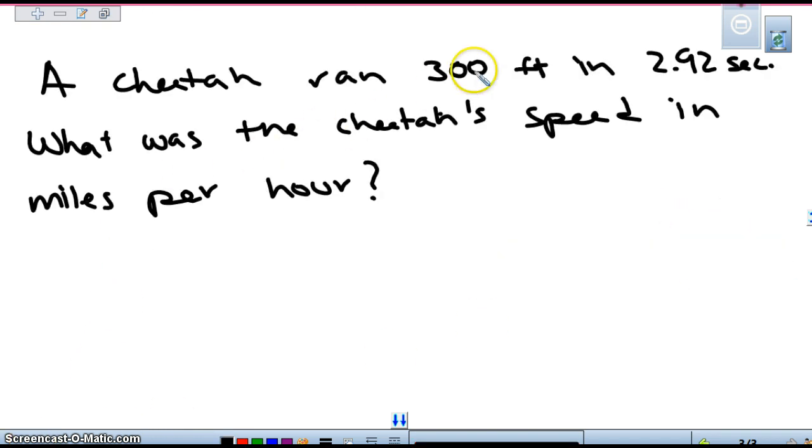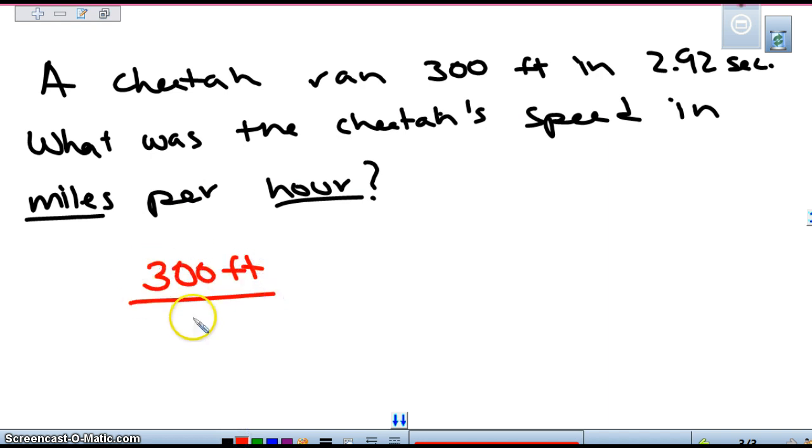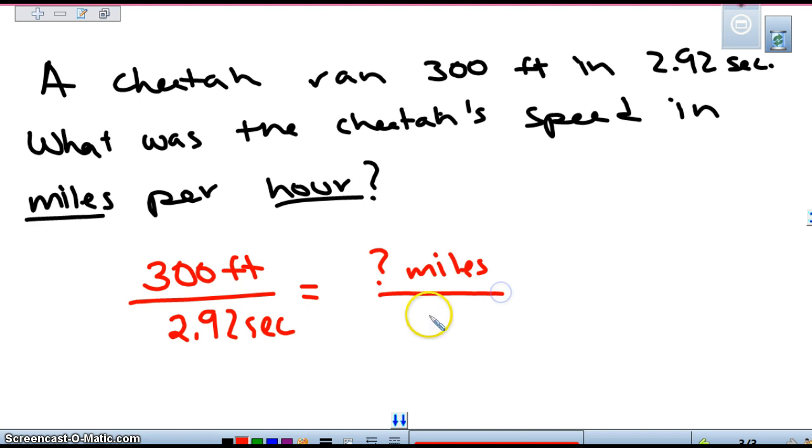A cheetah ran 300 feet in 2.92 seconds. What was the cheetah's speed in miles per hour? So that means we're changing 300 feet per 2.92 seconds equals how many miles per hour?